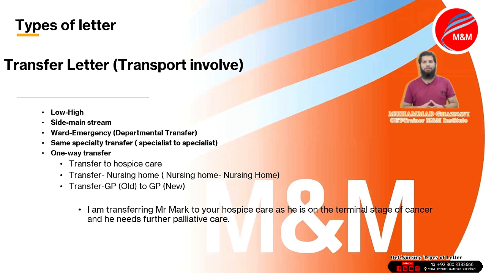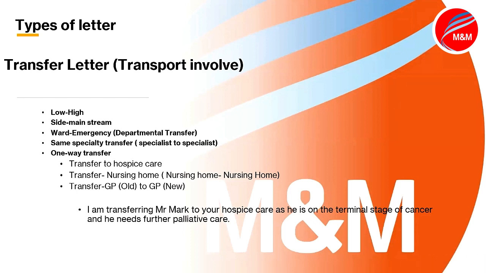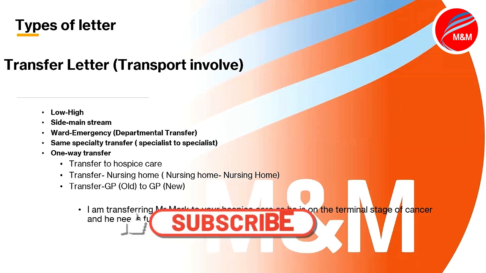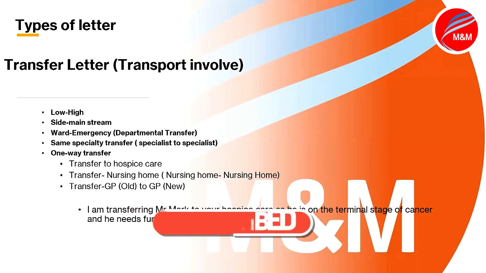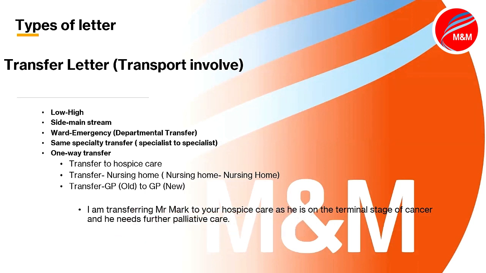These are some of the referral letters that have to be written, right? So you can see in the transfer letter, mostly transport is involved. And the main thing, for example, if you are transferring the patient from a nursing home to a nursing home, it's also a letter of transfer.